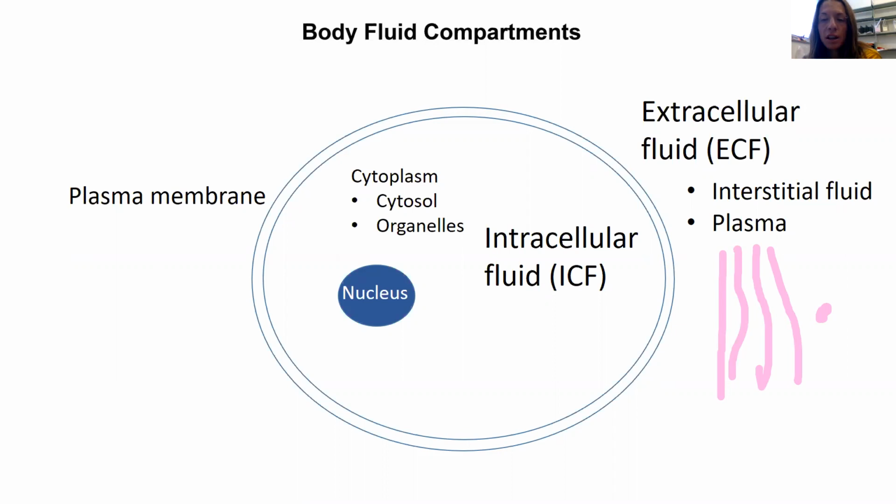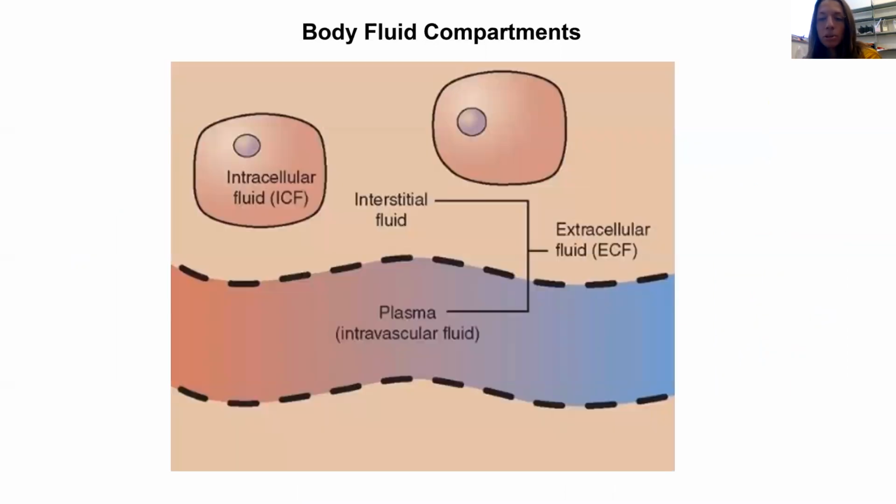I've got a couple other pictures that help to show this better. So here's one image that shows the breakdown of the ECF better. First of all, we still have our intracellular fluid inside a single cell here. Then outside of that, we've got extracellular fluid.